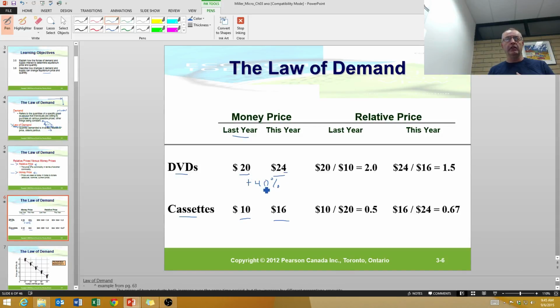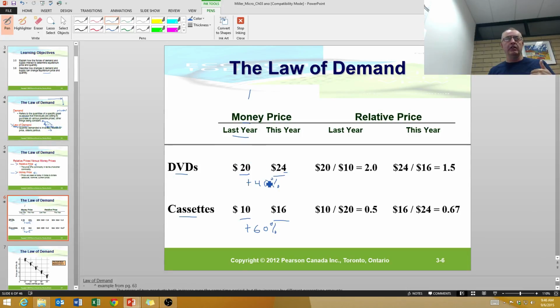That's $4 divided by $20. And the price of cassettes in the same time period increased by 60%. That's a $6 increase over the original $10. That's a 60% increase.